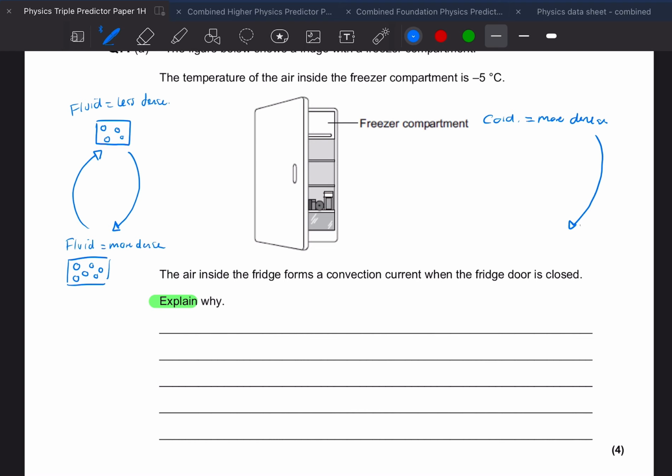This more dense air is going to fall to the bottom, and then we're going to have the warm air because we've got some food in here. When you put your food in your fridge, obviously the food is normally room temperature when you put it in. So that's going to be the less dense, so that's going to rise up. So the warmer, less dense air is going to rise.